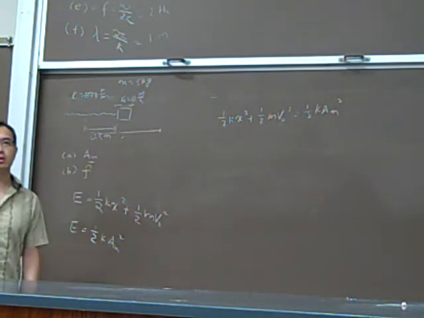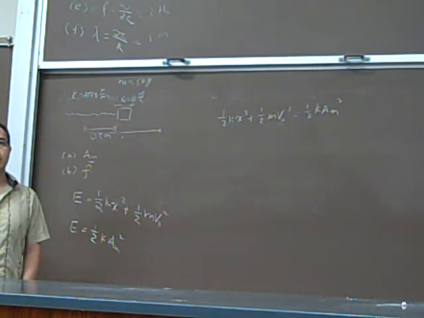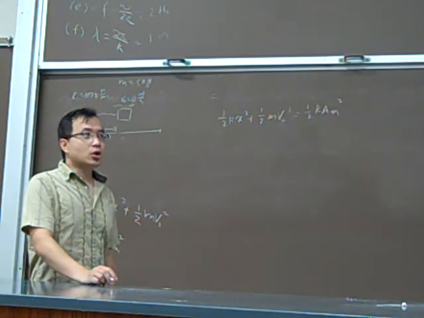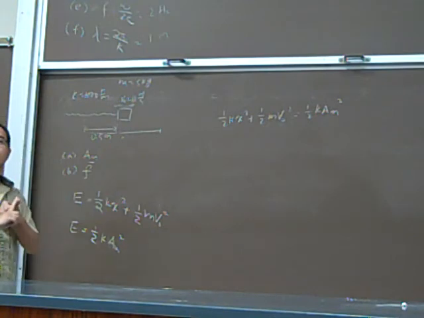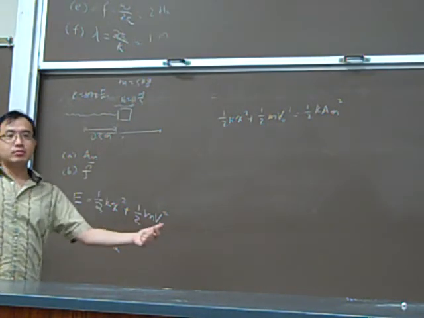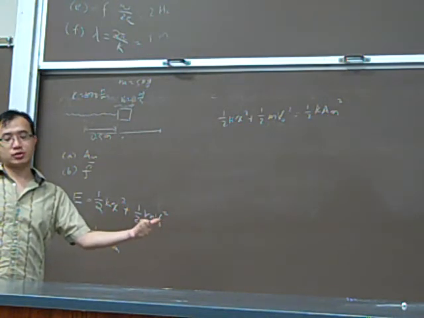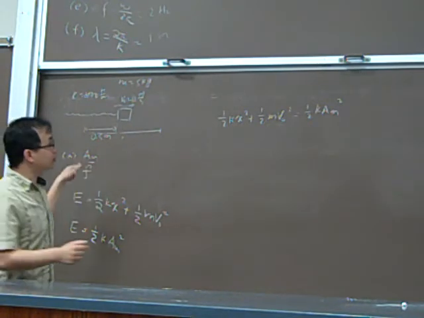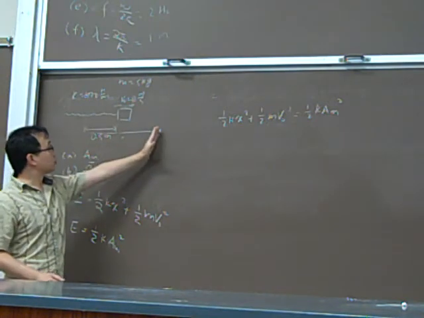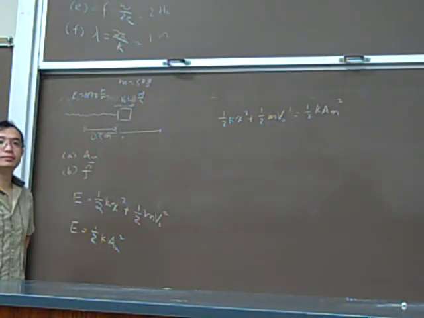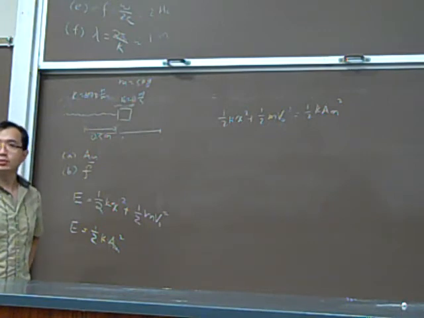Another question: is the maximum compression or stretching from equilibrium the same as the amplitude? Yes, when we talk about the amplitude, it is the same as the maximum stretching distance or maximum compressing distance we talked about before for the oscillation. Amplitude means where the object stops, how far it is away from the equilibrium. Any other question?